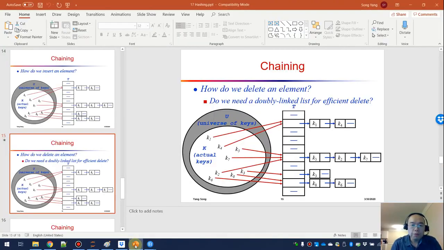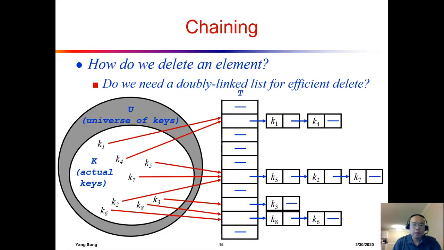Okay, so with that being said, let's come back to this question. Do we need a double linked list for efficient deletion? No matter whether we are doing the single linked list or double linked list, the cost of the deletion will be the same. It doesn't hurt anything for us to use double linked list, but using double linked list won't improve anything. So that's the point.